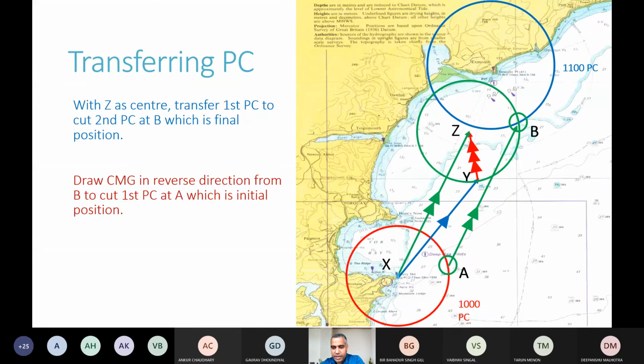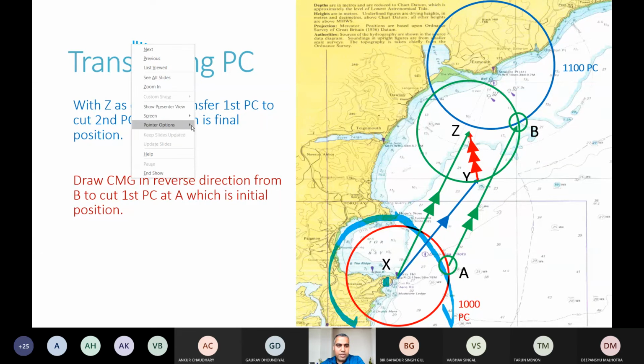Let us say you have taken a position circle, and after some time you take another position circle. We have a reckon here, it's a rough reckon, but let's assume that you have taken a PC from here only. Okay, अब जब आप यहाँ से position circle लोगे, तो आपका जो position circle है, that could be something like this. कर्वट बन गया.